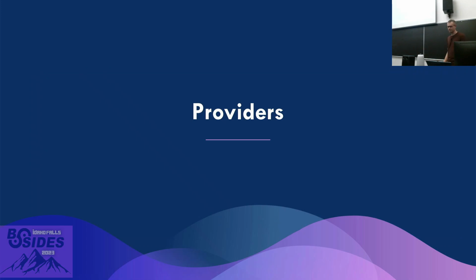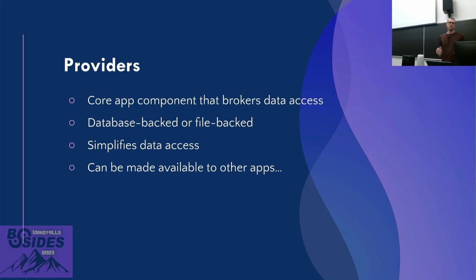So the next thing I want to talk about is another part of the Android framework called providers, or content providers technically. A content provider is a core component of Android apps that is designed to broker data access. This can either be data access within the application for very large apps like Facebook or Reddit.